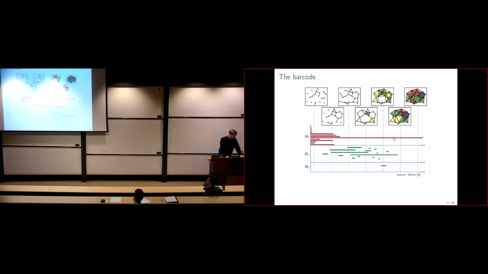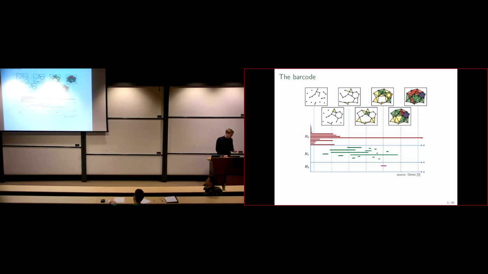Maybe here. So on the top here, I think you should see my mouse. You see the first snapshot we have of this filtration, and we have a number of components here.